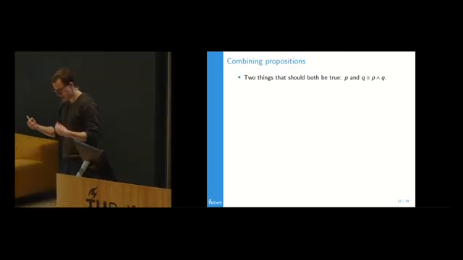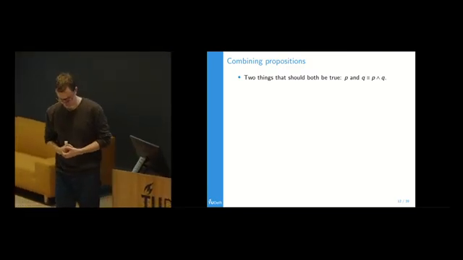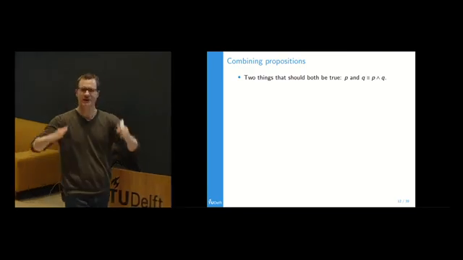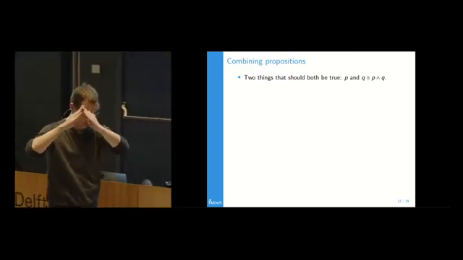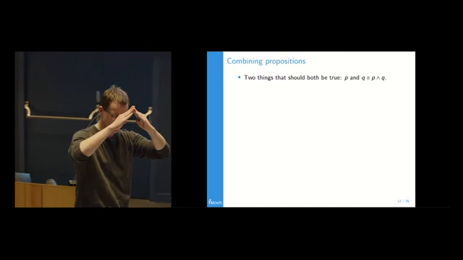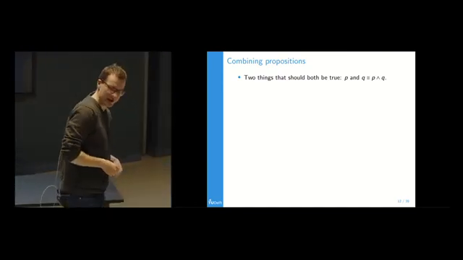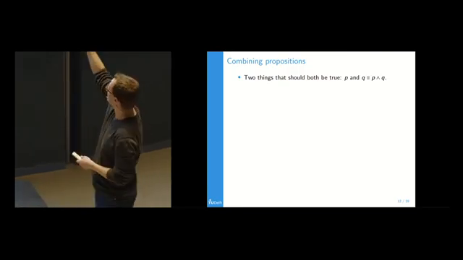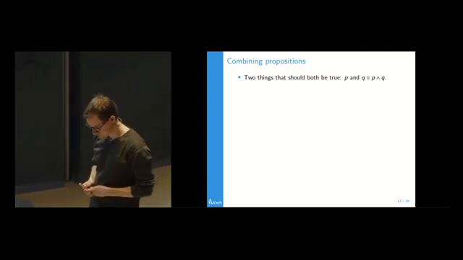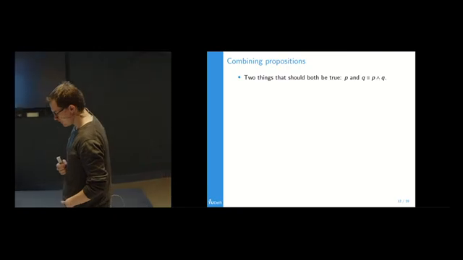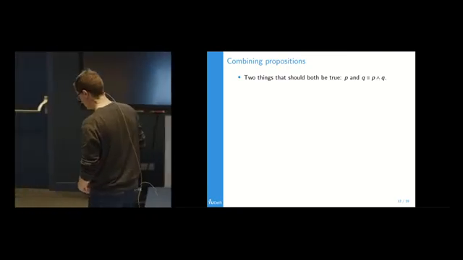I say P and Q should be true. We denote this with this thing, which in Dutch we would call a dakje. In English we would call it a wedge, but we can just read it as and, so we read it as P and Q. And we use that when 2 things should both be true.